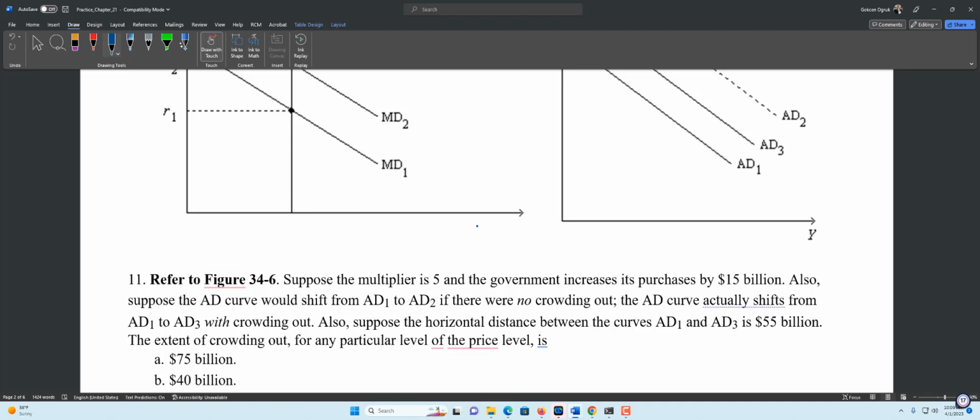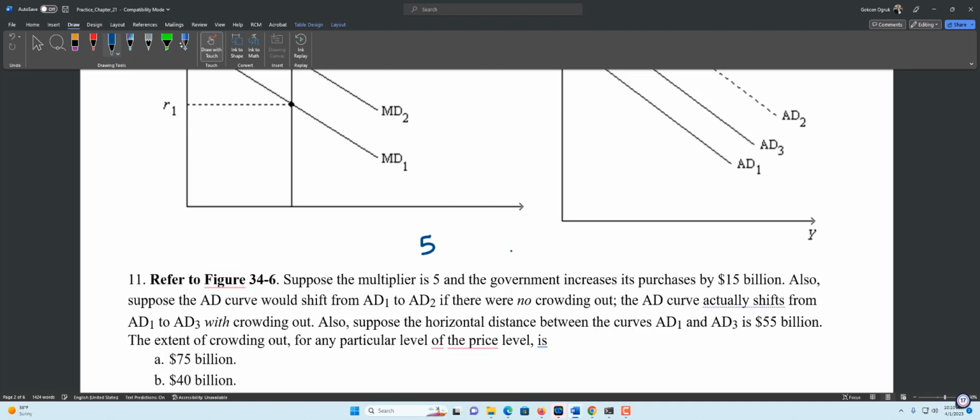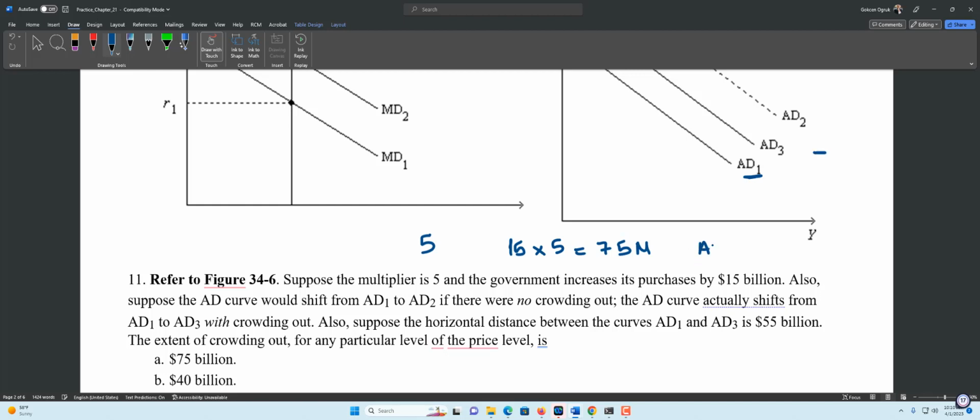So let's decode this question. We know that the multiplier is 5. So that means if the government spends 15 million, then the total change in aggregate demand curve is going to be 75 million. So the distance between AD1 and AD2 should be 75 million if there were no crowding out effects.